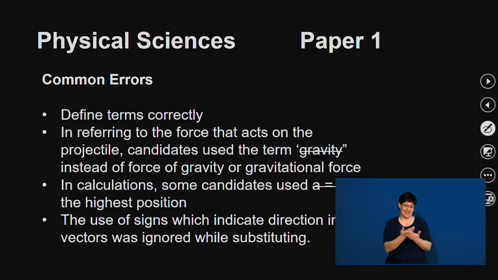Now, define the terms correctly, okay? Also, in referring to the force that acts on the projectile, which is the force of gravity, we've mentioned that we are not going to use the word gravity; we would use the force of gravity or alternatively weight, because the two terms can be used interchangeably to refer to one and the same thing, okay? So in calculations, some candidates continue to say acceleration is 0 at the highest position, right?